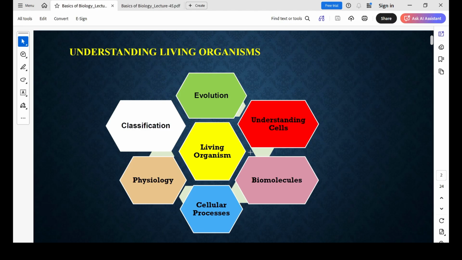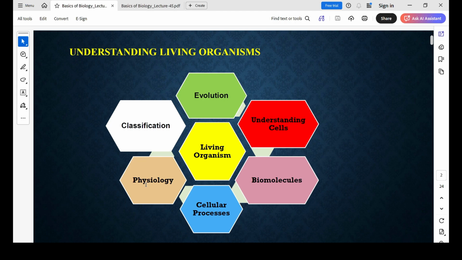Till now we have understood different aspects of a living organism, which pertains to how living organisms are classified, how they have evolved from their ancestors, how the basic thing that makes up the organisms, which is the cells, are designed, what are the molecules that make up the cell, what are the cellular processes that are affected within these systems.